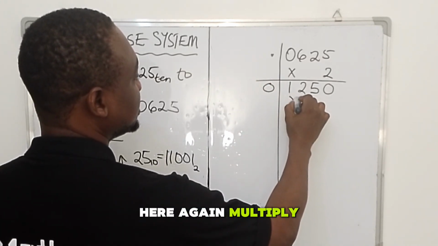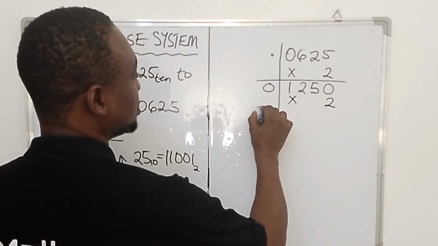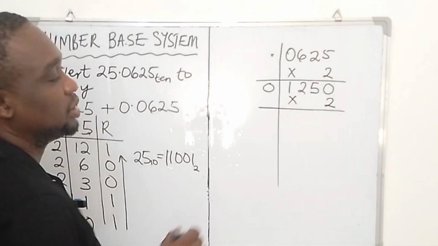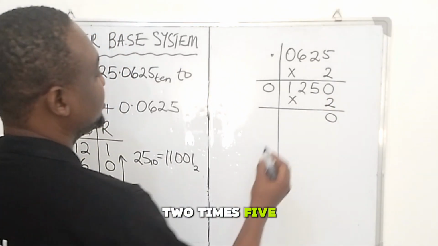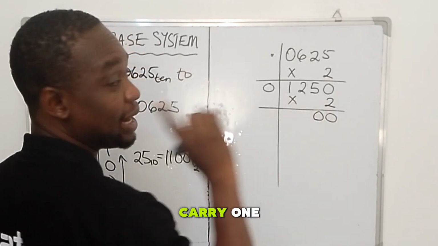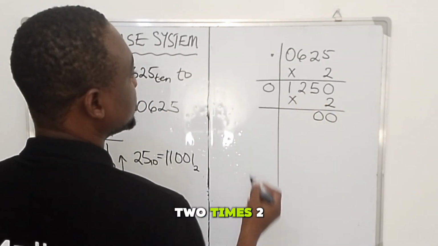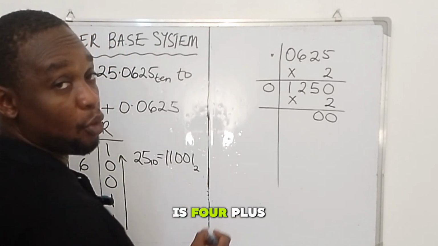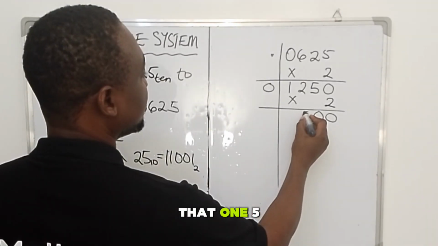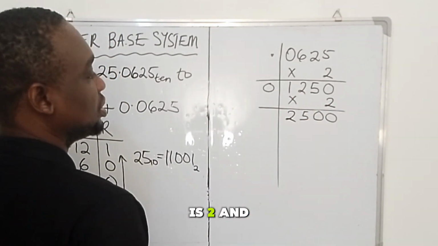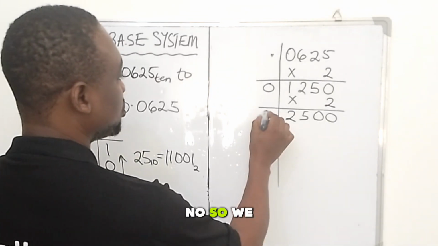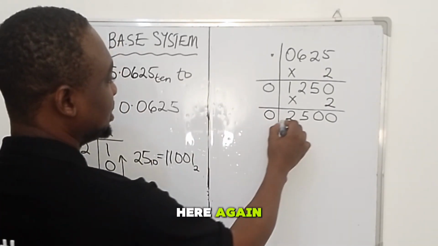Again, multiply, times 2. 2 times 0 is 0. 2 times 5 is another 0, carry 1. 2 times 2 is 4, plus that 1, 5. 2 times 0 is 0. Any leftover? No, so we have a 0 here again.